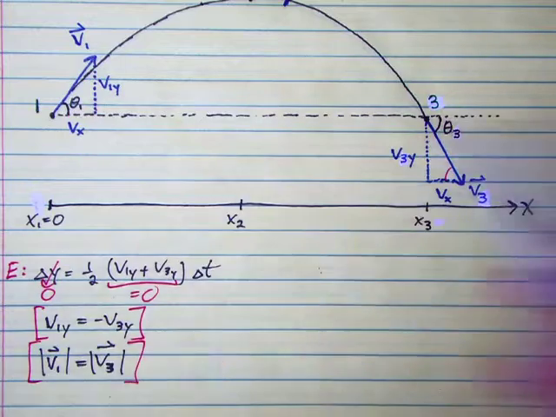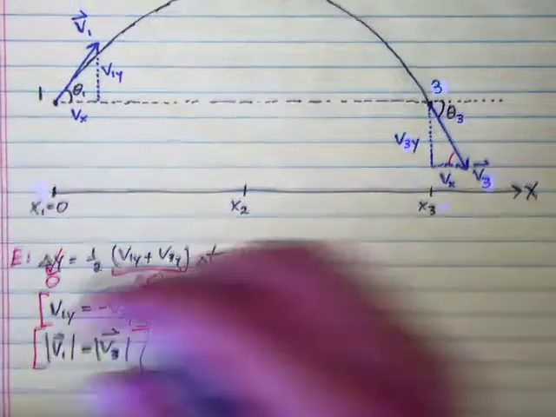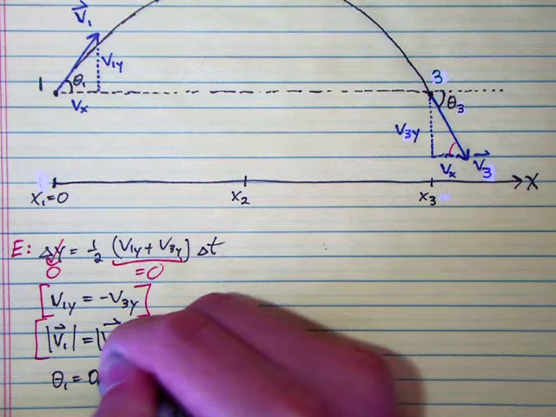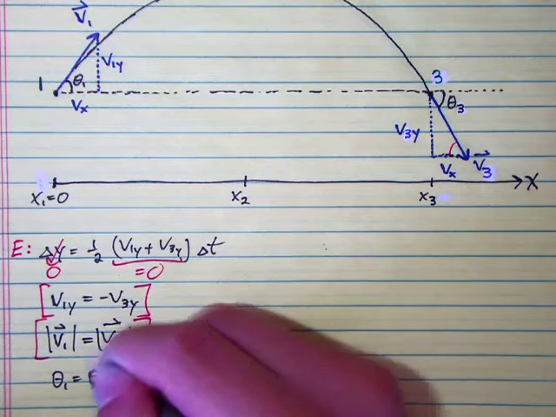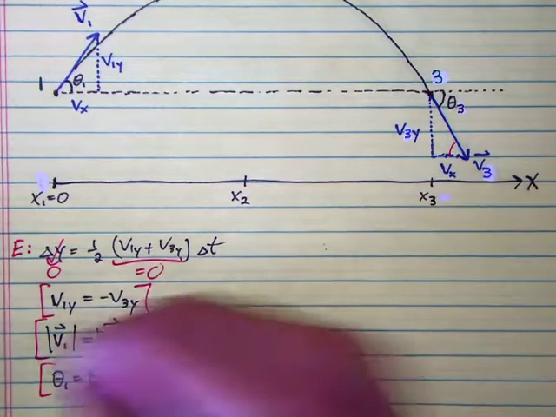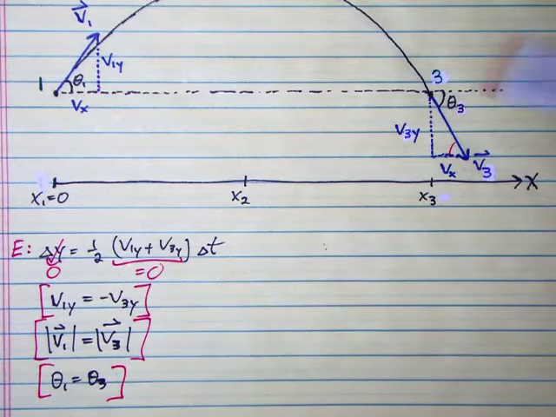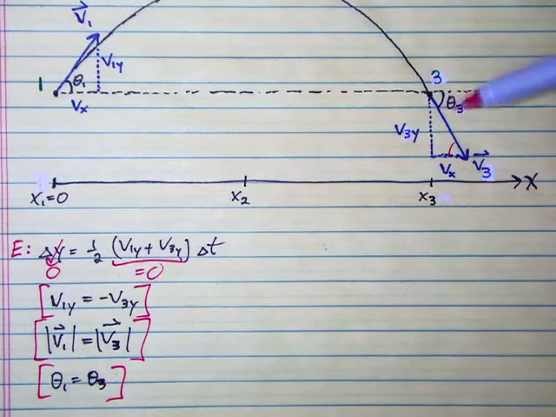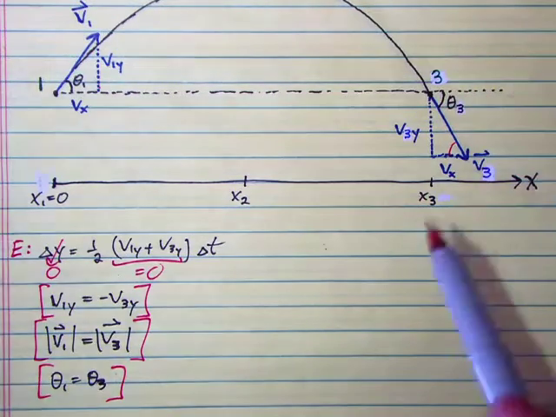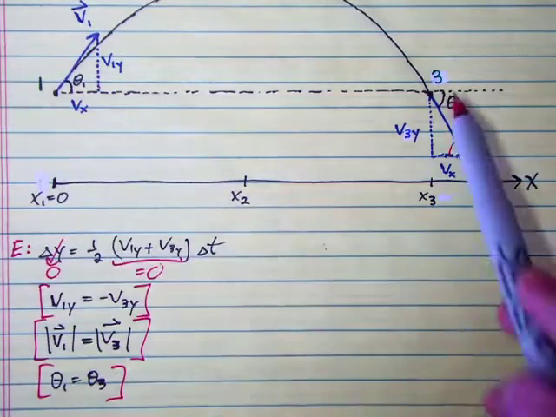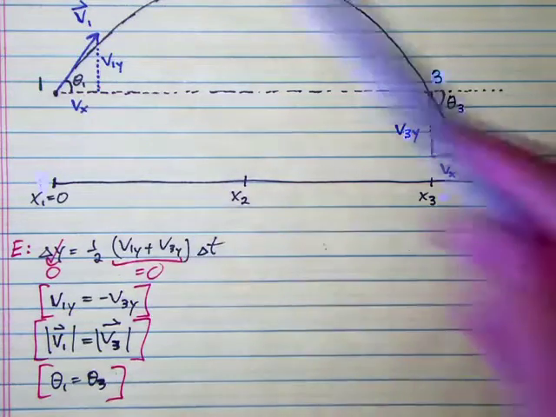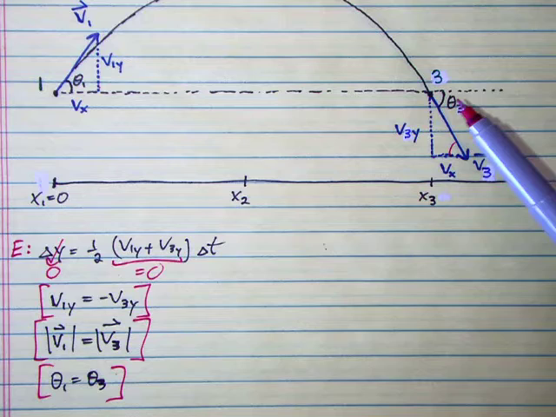Therefore, theta 1 and theta 3 are equal as well. So the angle at which it launches is then equal to the angle at which it lands. So we've got this perfect symmetry between the two endpoints if we're launching and landing at the same height.